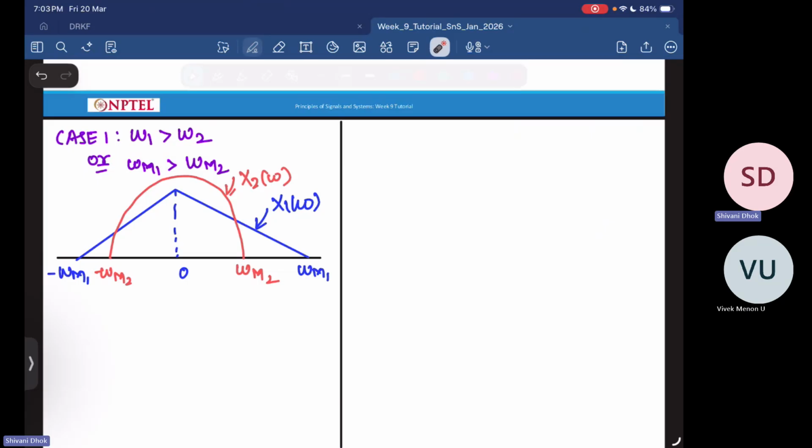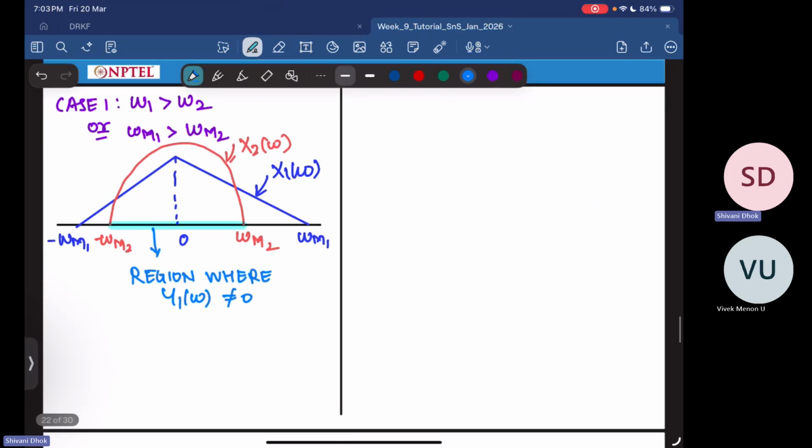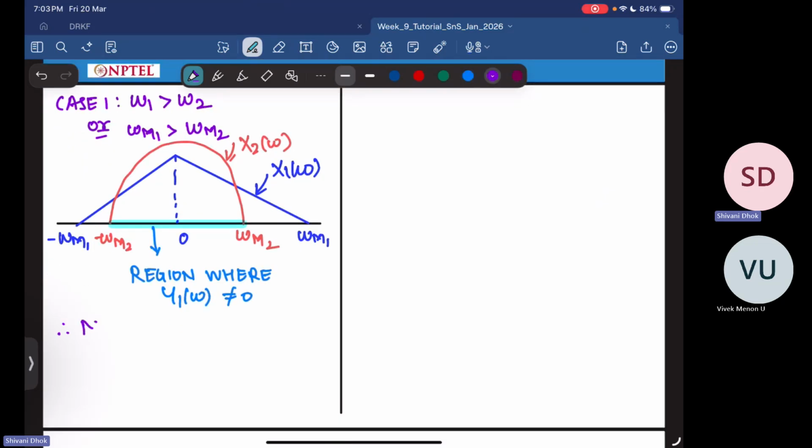So the only region that will survive, or be non-zero, is this. This is the region where y1 of omega is not equal to 0. Therefore, the maximum frequency, let's say omega y1, is equal to omega m2.